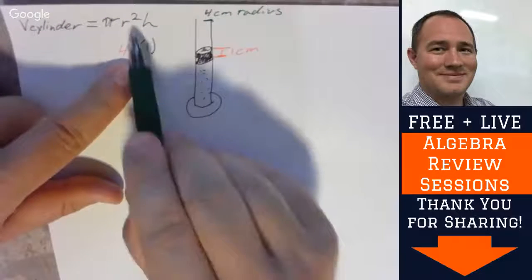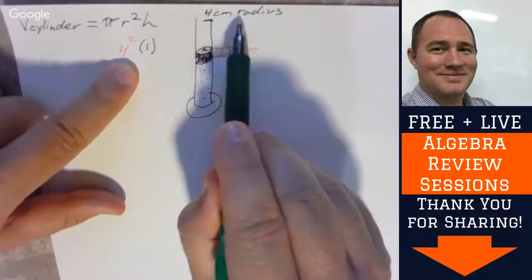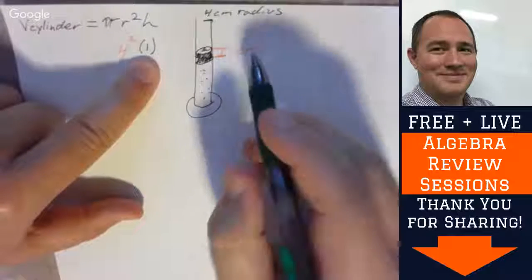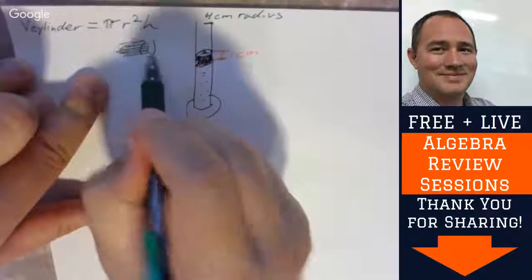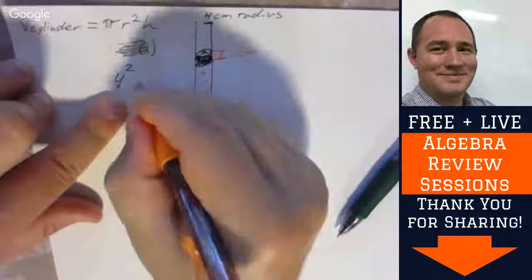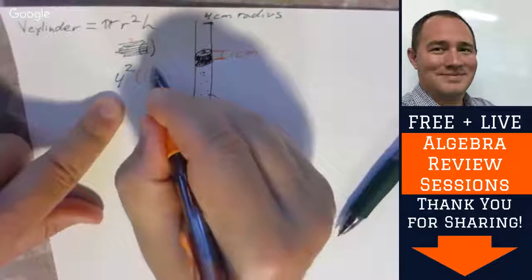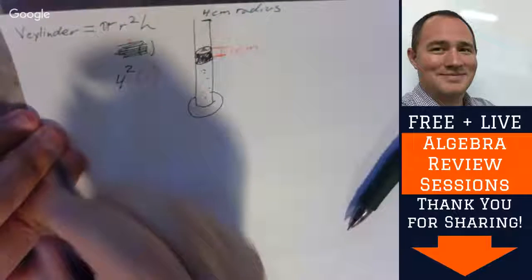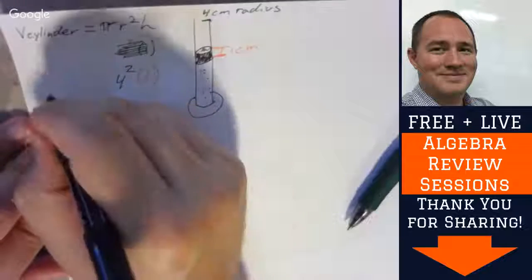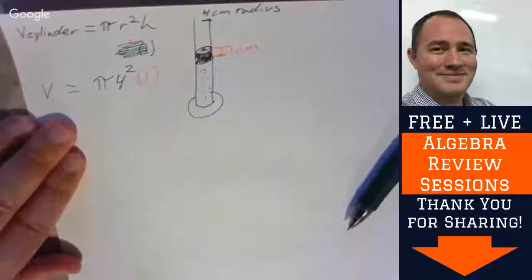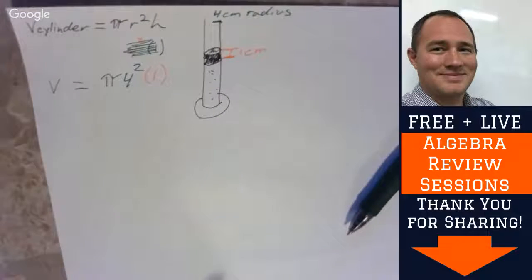I got my colors mixed up. We were doing the radius in green and the height in orange before. Here, let me just restart that part. So 4 squared, we're doing our height of 1, and volume equals pi. Okay, so now all we do is solve for volume.